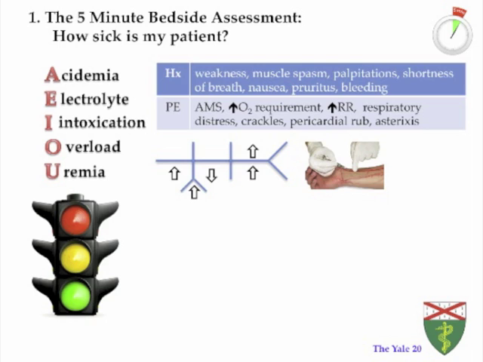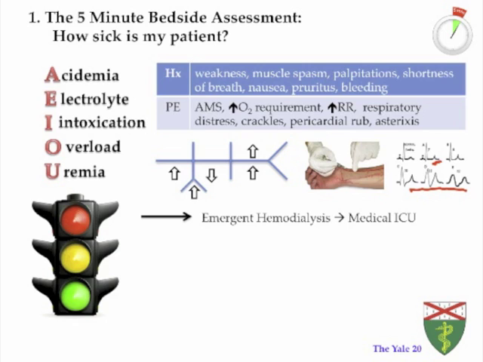Next, if we do notice these symptoms and we are starting to get worried, we can do a couple tests at the bedside. This includes an arterial blood gas to get a better idea of their acid-base status. We can also check an EKG to see if they have the characteristic peaked T waves, as illustrated here, or even more nefarious would be something like a widening QRS.